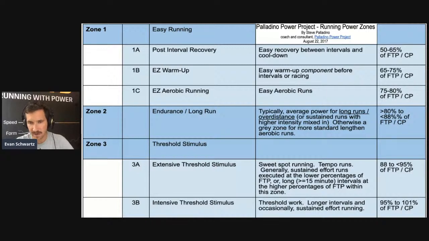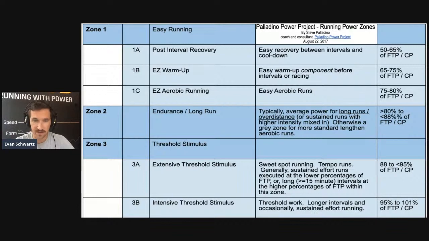Steve referenced this as sweet spot running, tempo runs, generally sustained effort runs executed at the lower percentages of your critical power for 15 minutes or longer, or longer intervals at the higher percentages of your critical power within this zone.